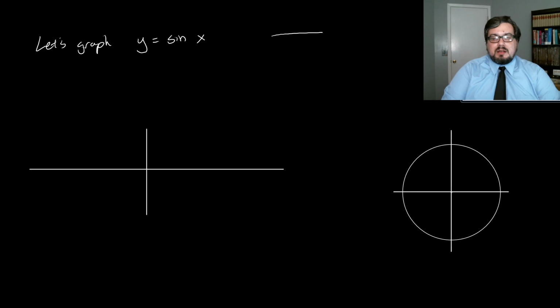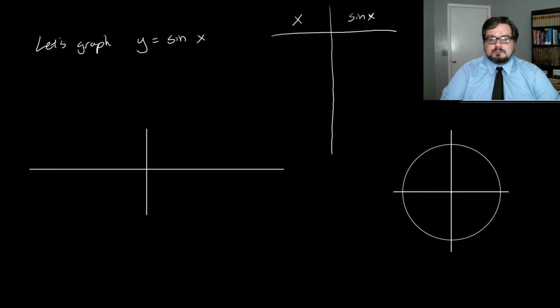So we're going to make ourselves a table, and we'll have x and then sine of x over here, which will be our y values. Now there are certain special values of x that we want to deal with. We definitely want 0, pi over 2, pi, 3 pi over 2, and 2 pi. We want all the multiples of pi over 2 that we get when we do one full movement around the circle.